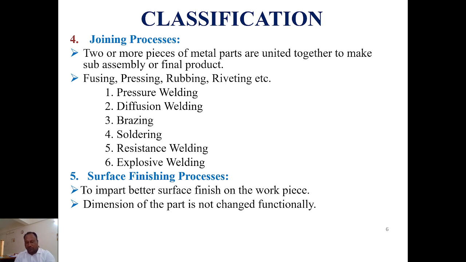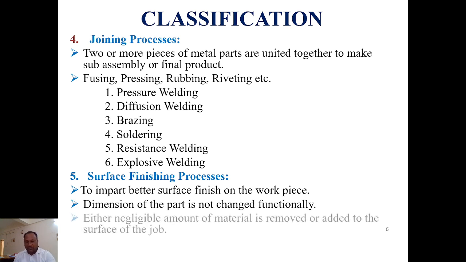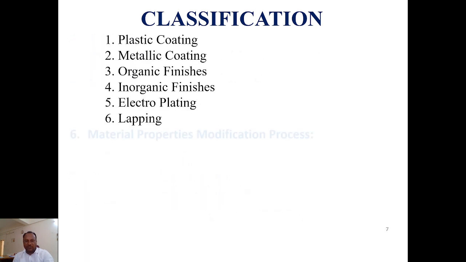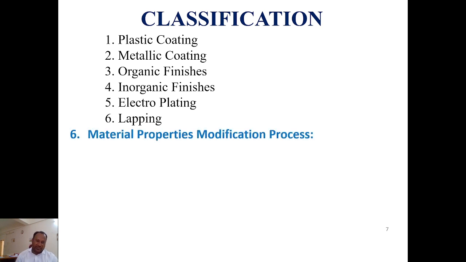Because material is removed or added, some small irregularities occur on the surface of the job. There we give surface finishing processes like plastic coating and metallic coating. Moreover, we also use lapping operations or electroplating.